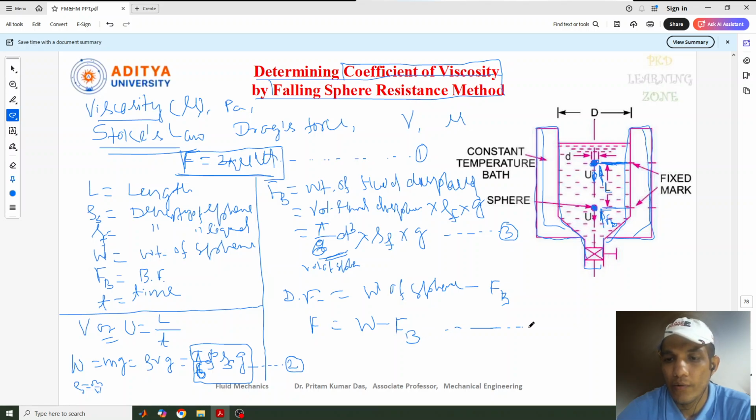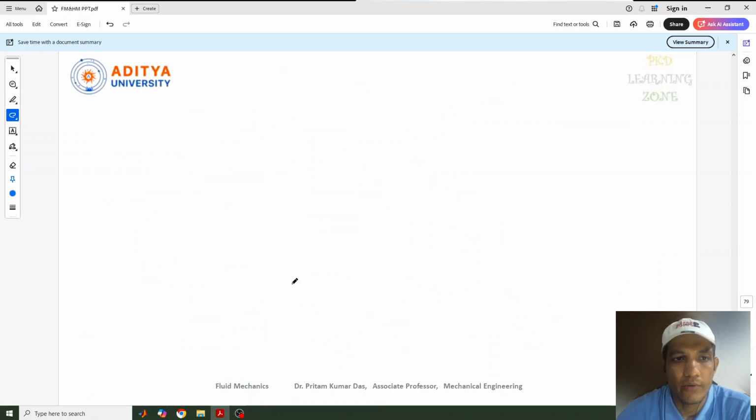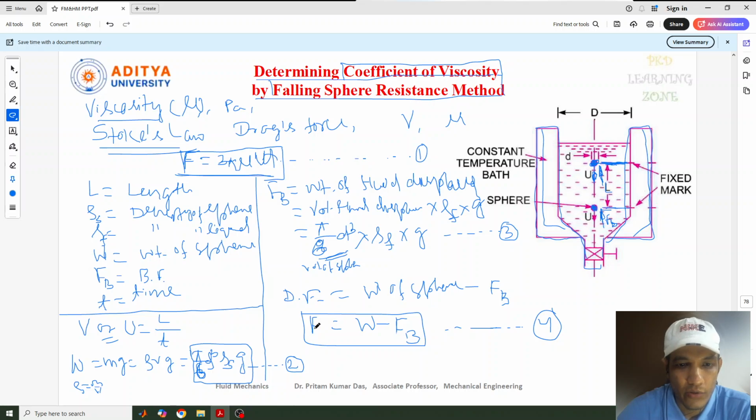This one we can give equation 4. Okay, now this is our formula. The next step is we'll put the value of W and FB in this equation, and the value of F also. This is the value of F, which is the drag force.